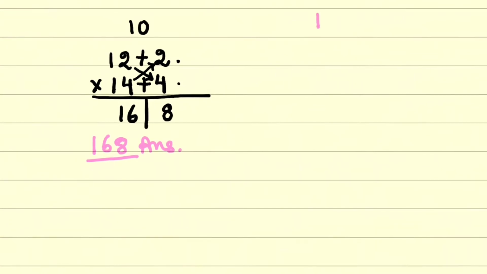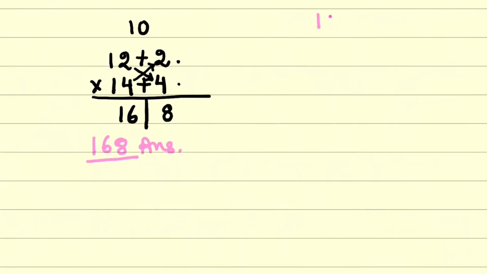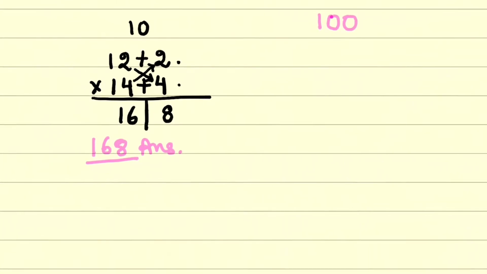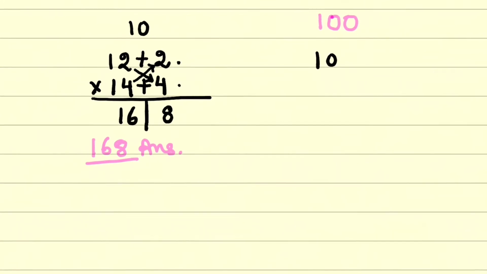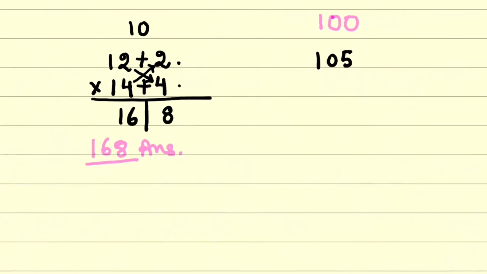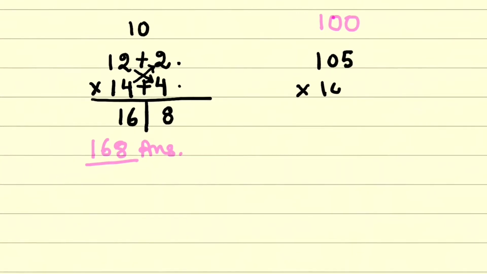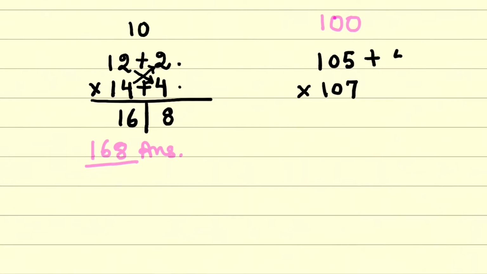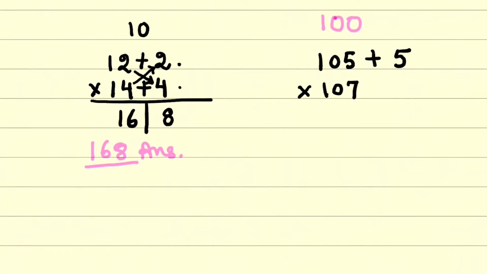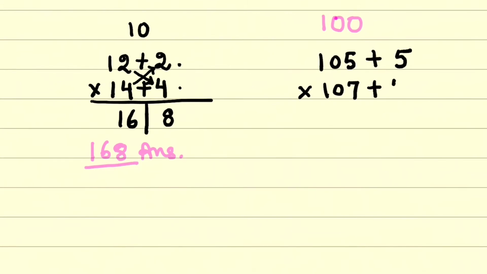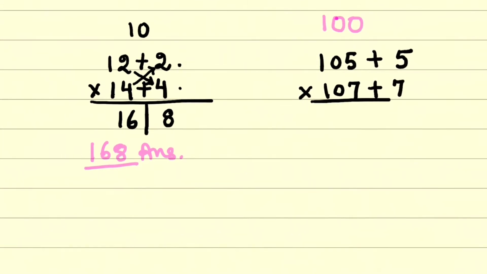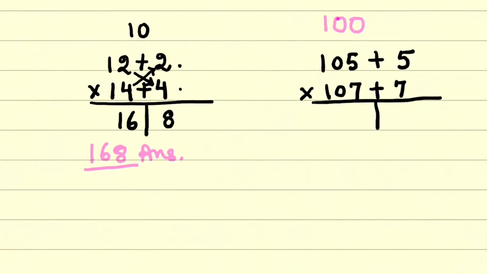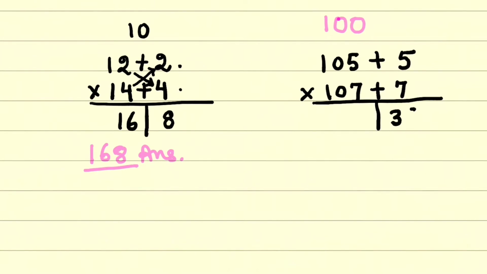Now let's take base 100. Supposing we have to multiply 105 with 107. Now 105 is 5 more than 100 and 107 is 7 more than 100. When we multiply 7 by 5, that is the excess terms, we get 35.